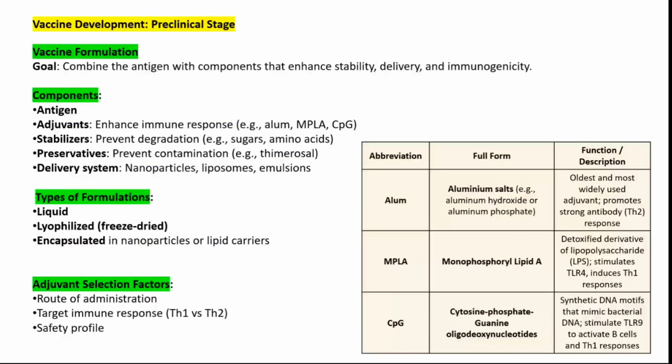So vaccine formulation. In vaccine formulation, what we do is combine the antigen with components that enhance stability, delivery, and immunogenicity. Suppose you have finalized the antigen, a part of a plant, suppose this is a leaf, which you find is able to generate an immune response whenever it encounters humans.